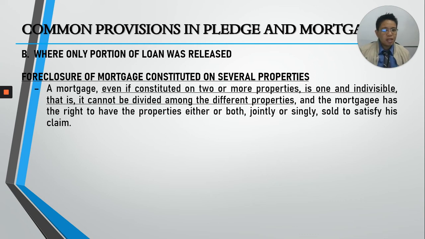Pwedeng ibenta niya ng magkasama, pwede niyang ibenta ng magkahiwalay. So jointly or singly, but sold to satisfy his claim. He may sell both or either of the properties. What else? Sell on a foreclosure sale.